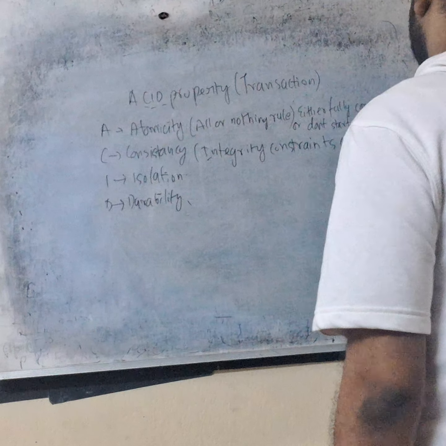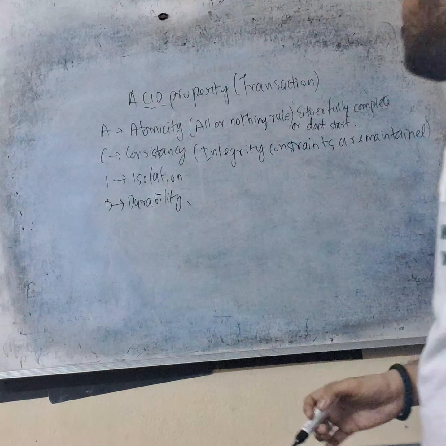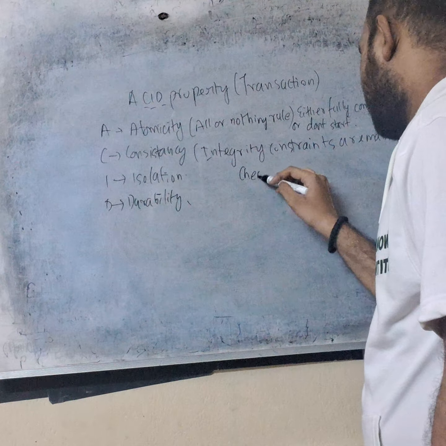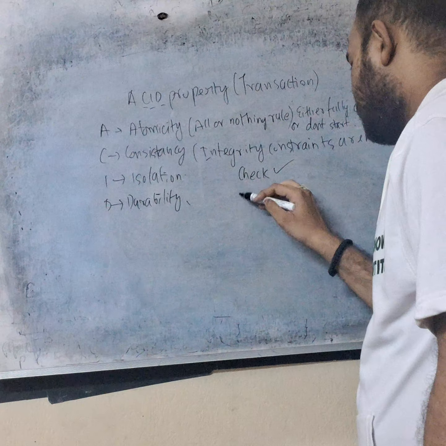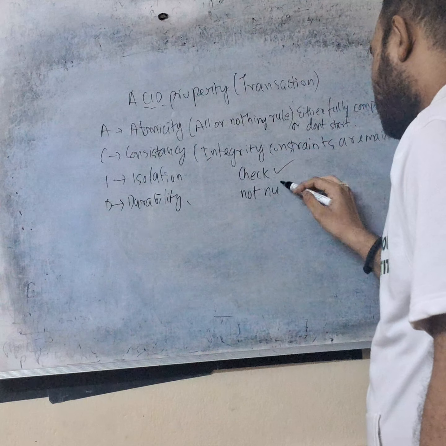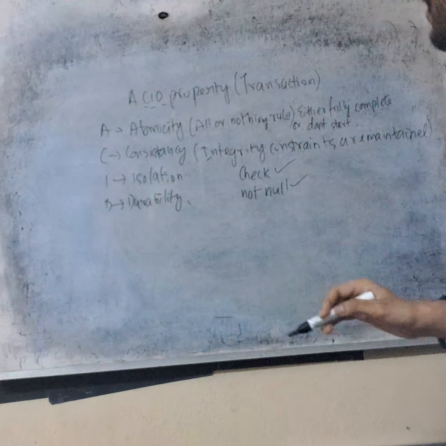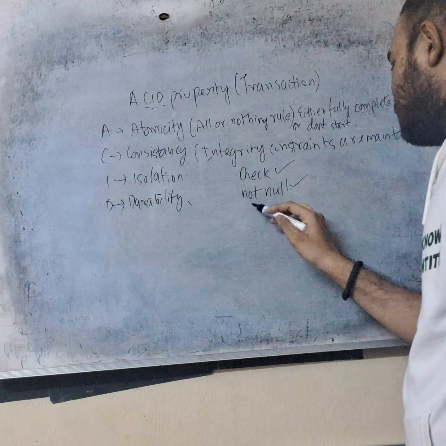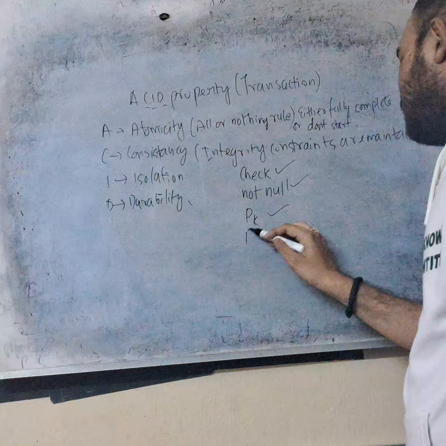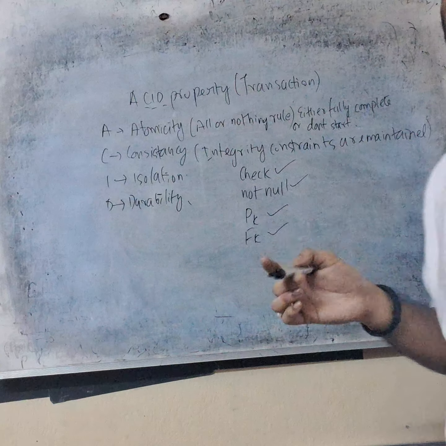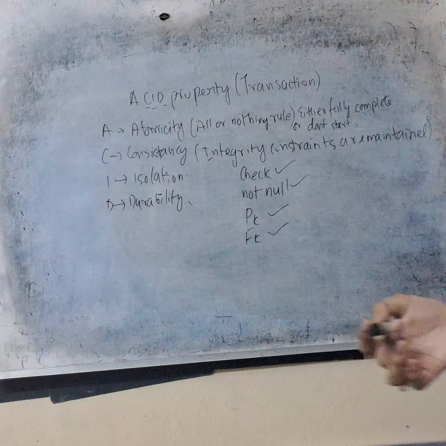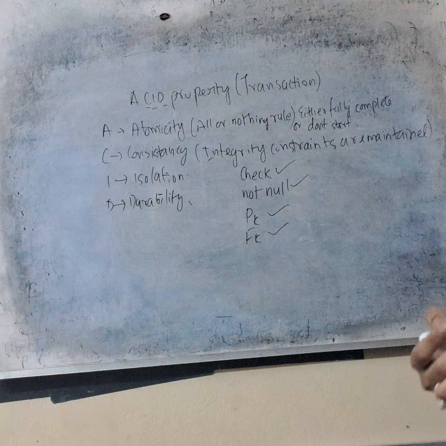What are the integrity constraints? One is the check constraint, which will be checked to see whether it is maintained or not. Next, there is the not null constraint, which the transaction manager will also check. There is also the primary key constraint and the foreign key constraint. So the transaction manager will check all the constraints applied to the particular columns: are those constraints maintained after completion of a transaction?